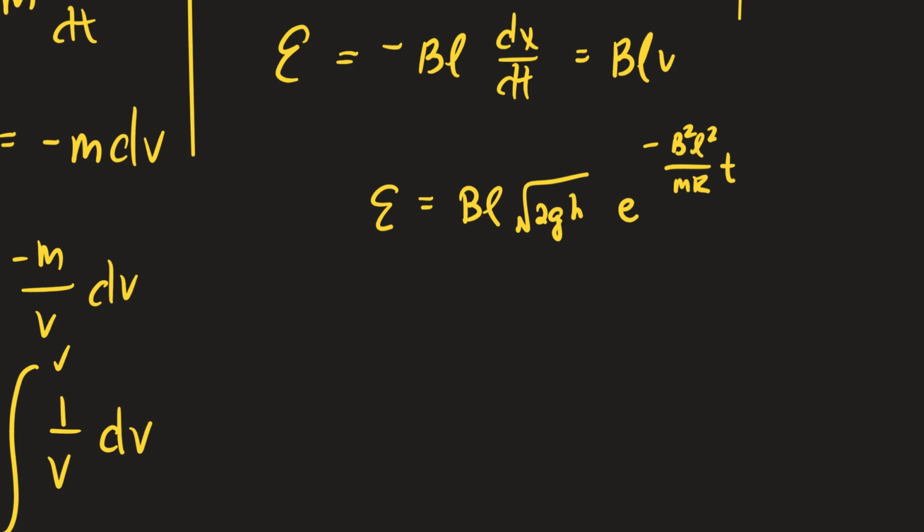Well, that squared times R, divided by R, is going to be the power dissipated.